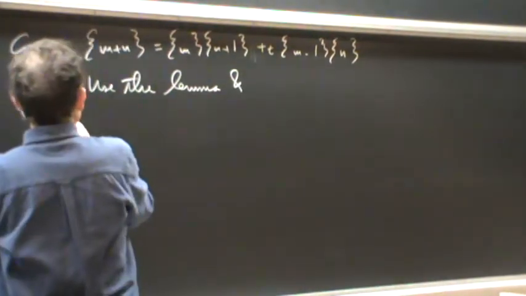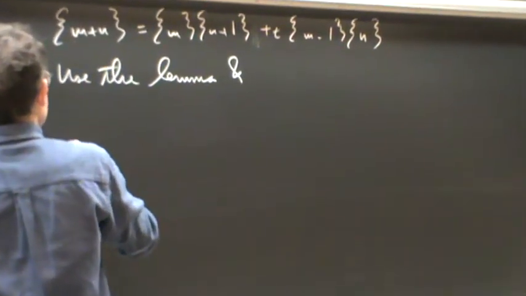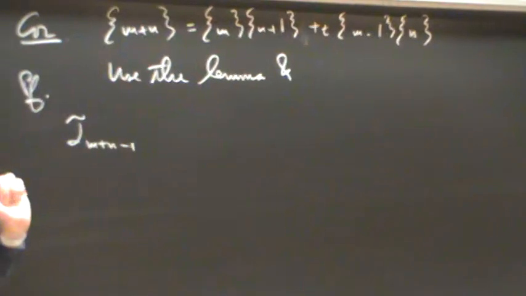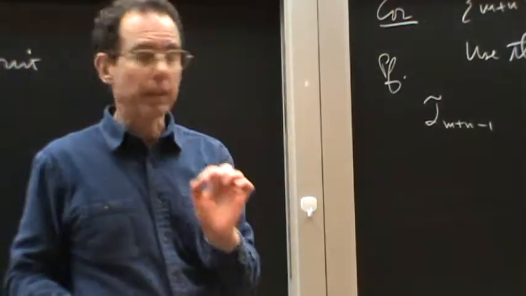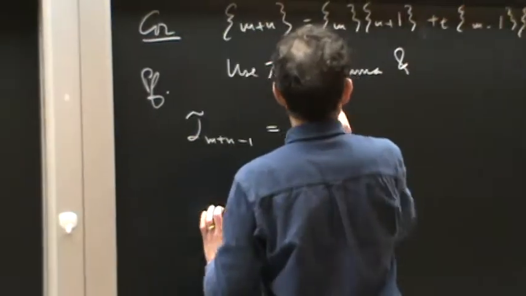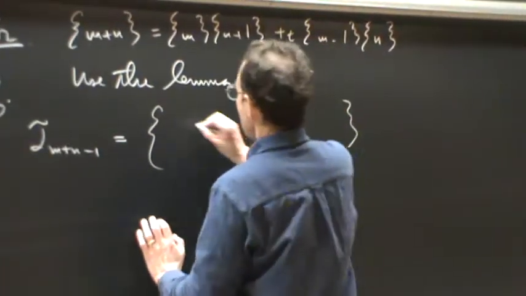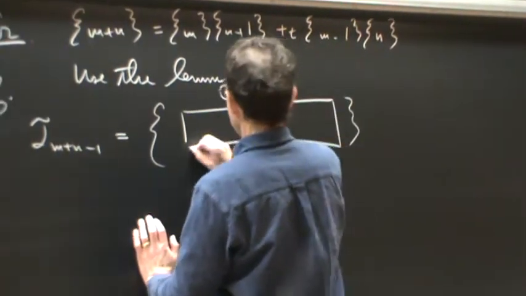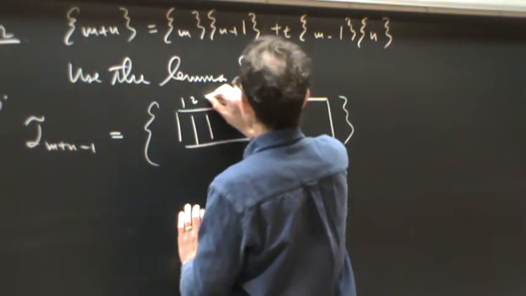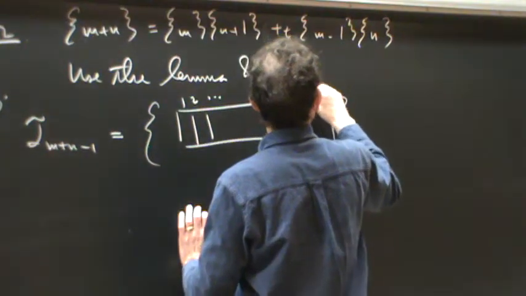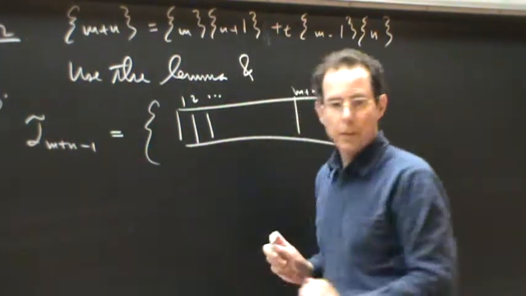So this side is counting ways of tiling this guy, and I can break this guy into 2 subsets as well in the following way. So let's label the squares from left to right, 1, 2, up through m plus n minus 1 for the last square.